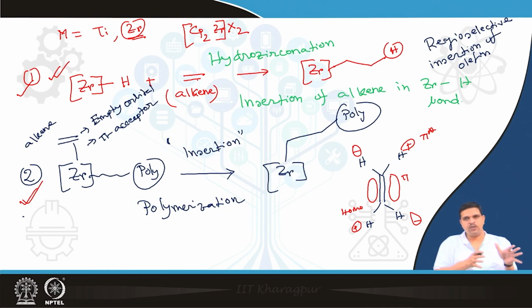That's why we discussed the unique reactions and properties of the bent metallocene, so that we can understand the electronic factors responsible for this kind of reactions, which is alkene coordination and insertion.